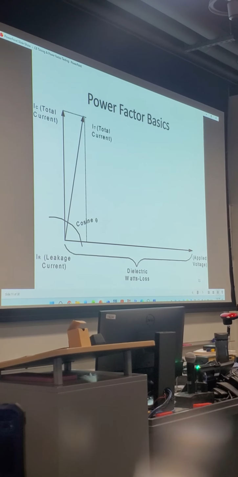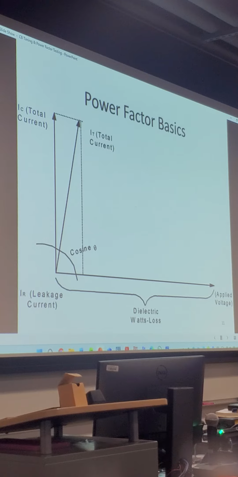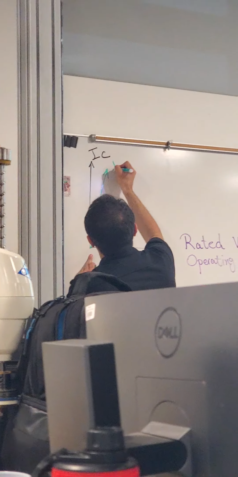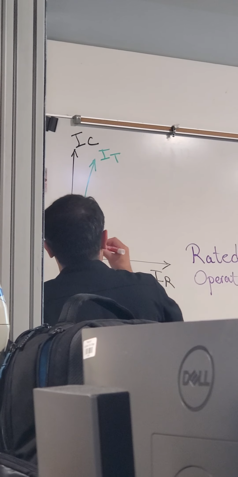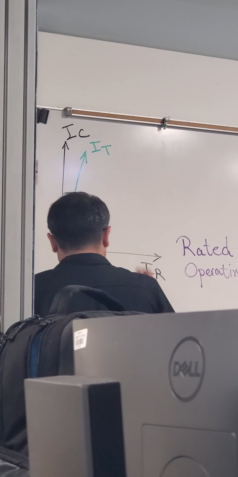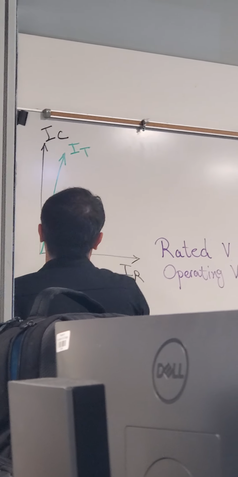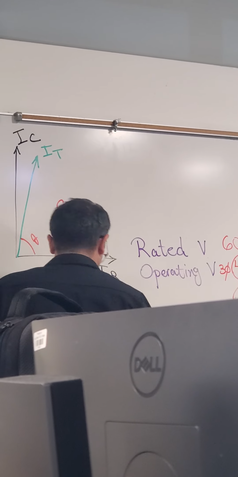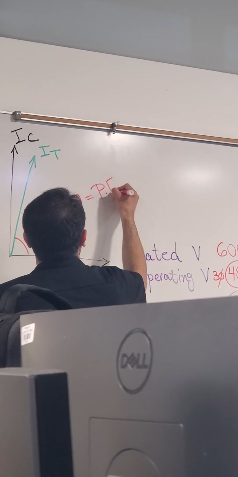If you add these two together, you're going to end up getting something like this, and this is I sub t, the total current. This angle is going to be phi or theta, and cosine of theta is going to be, some reference books call it theta, some of them phi, but it's going to be your power factor.